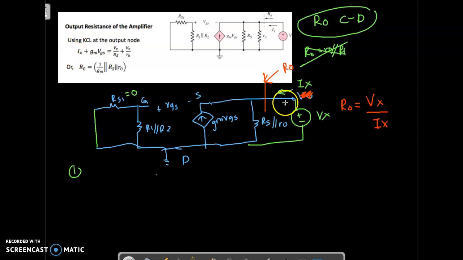Okay, so for Ix, we apply KCL. So current entering equal, let's say this is I1, this is I2, and since this is 0, it becomes a short circuit, and here is I3. So current entering is Ix equal I1 plus I2.